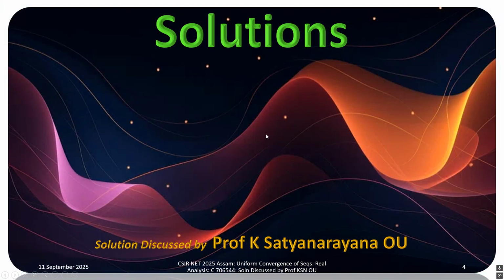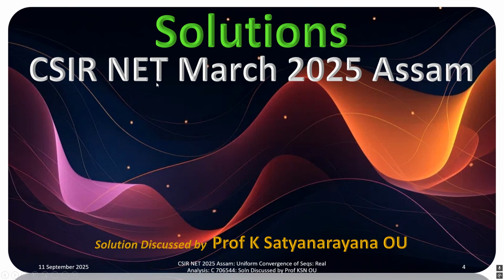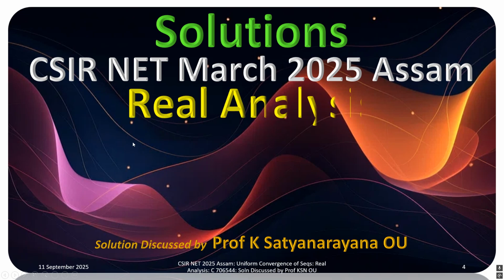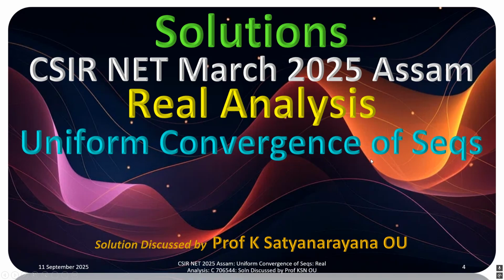Right. We continue the discussion of the solutions of the problems that have appeared in the CSIR National Eligibility Test March 2025. It is a rescheduled examination for Assam Center. In this video, we discuss the solution of a problem from the section Real Analysis, and the problem is related to the uniform convergence of sequence of given functions.